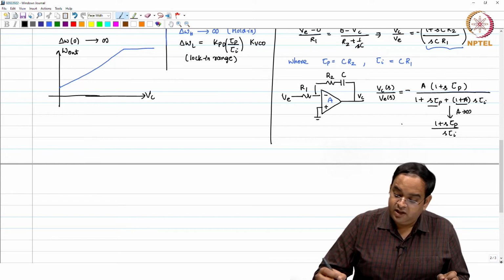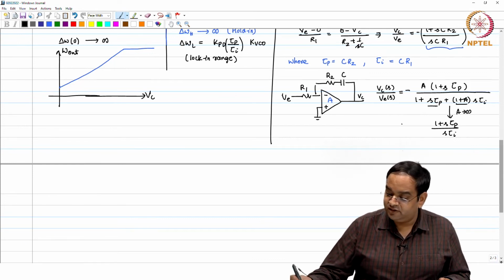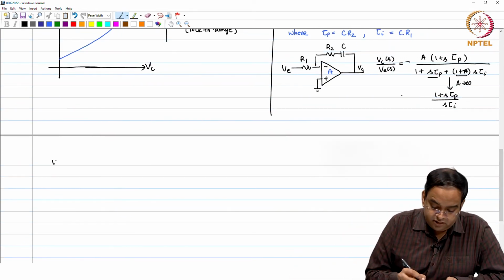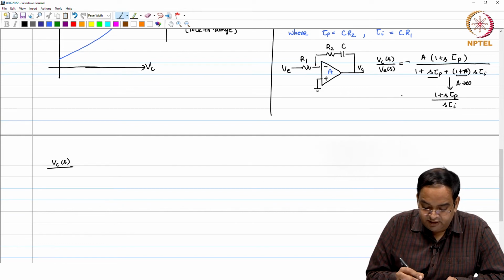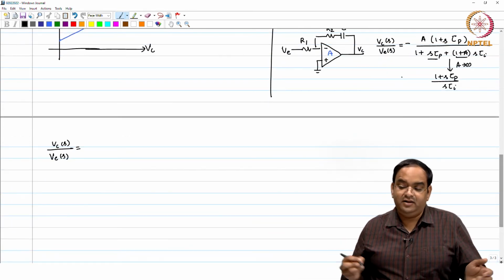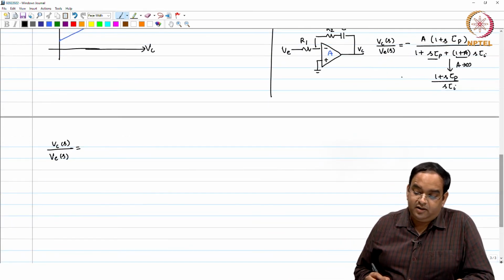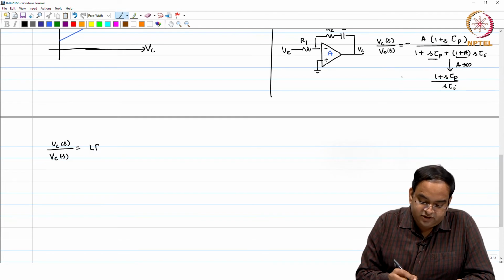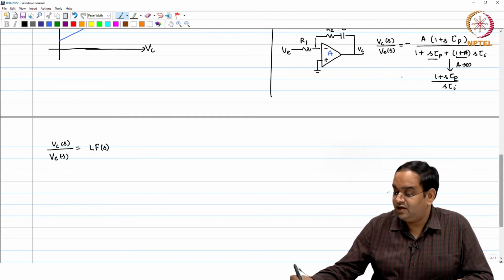Now, in the presence of this new transfer function which you see, Vc of s divided by V error of s, which has some DC gain and the other part, this loop filter transfer function I am just writing as loop filter of s right now.